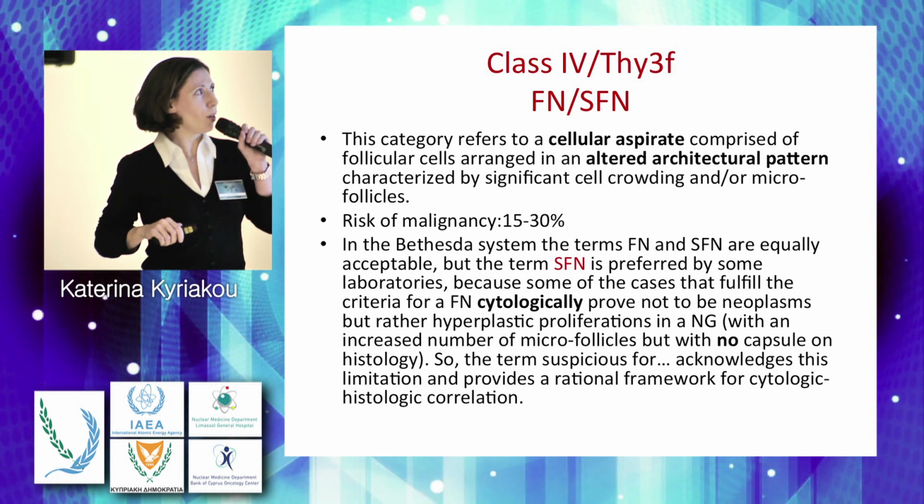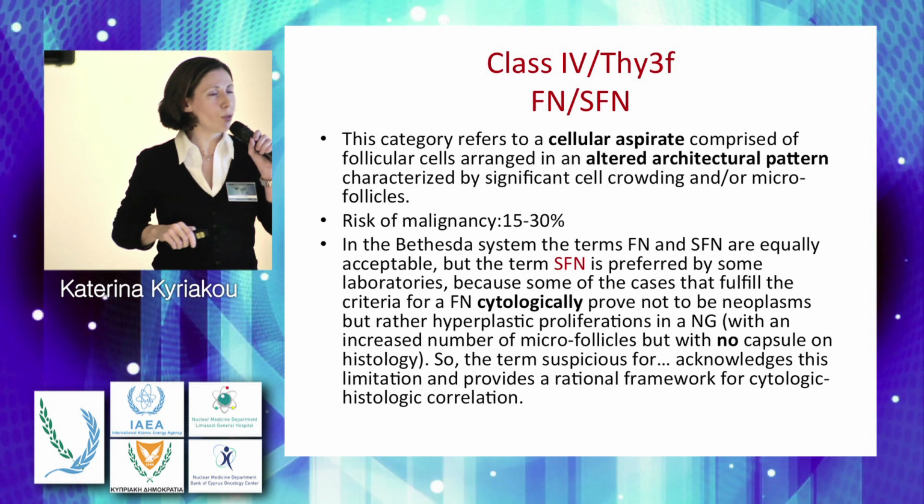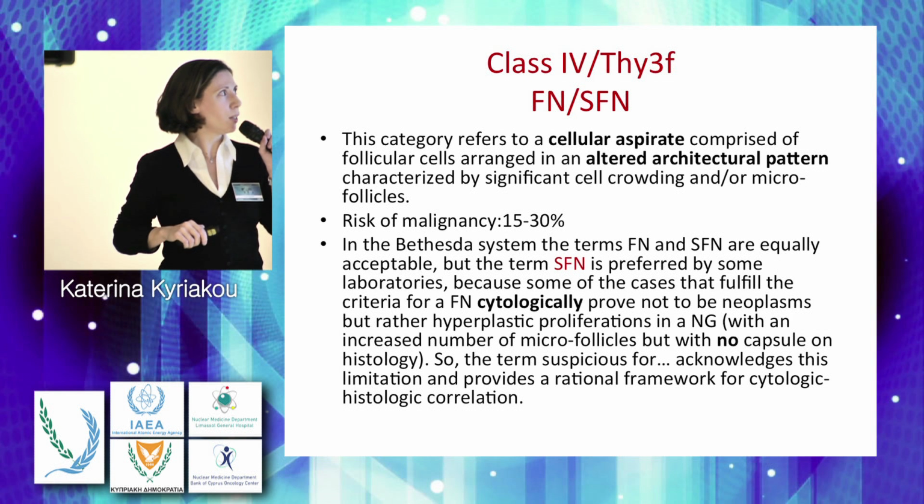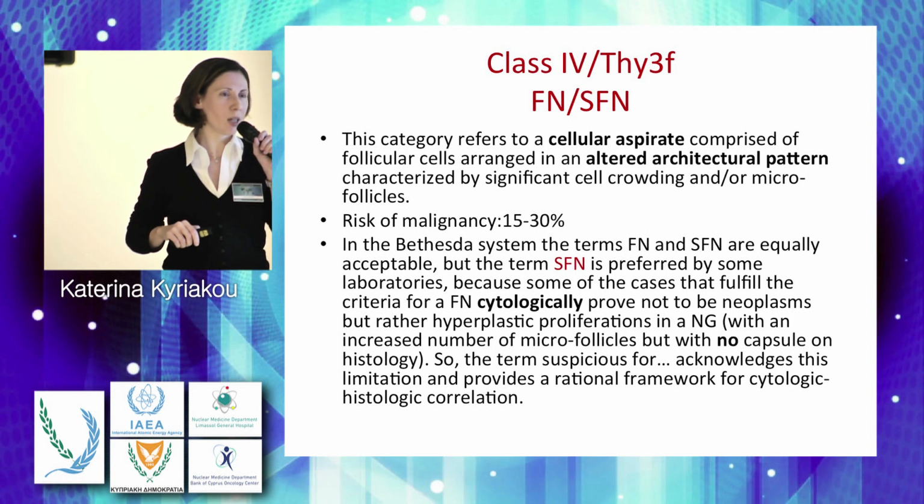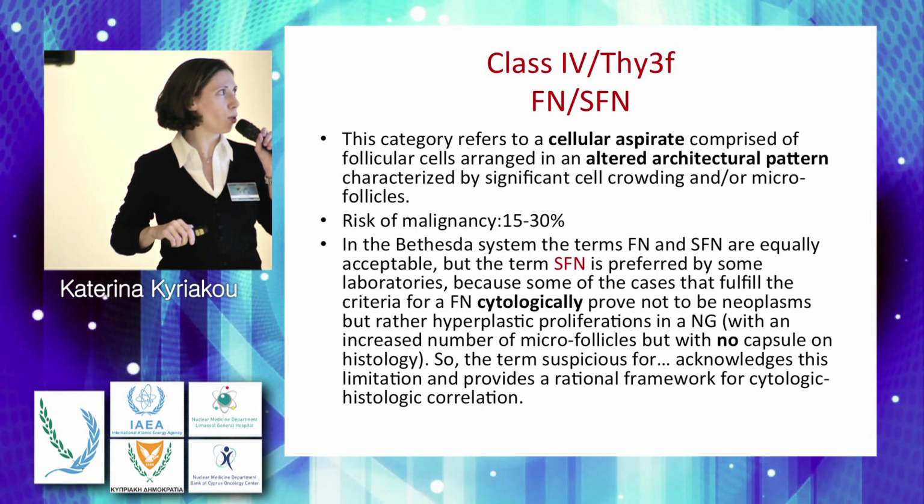It is the follicular neoplasm or suspicious for follicular neoplasm, and it refers to a cellular aspirate comprised of follicular cells arranged in an altered architectural pattern with significant cell crowding and microfollicles. The risk of malignancy here is 15 to 30%.